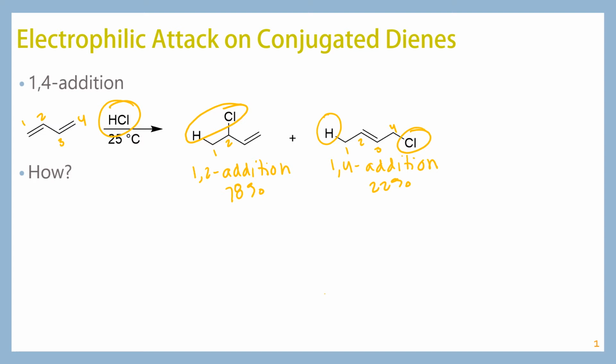In order for this reaction to occur, we actually have to go through a common intermediate. So we're going to look at the mechanism just like it was a normal Markovnikov addition. Let's take our alkene and protonate it, because that is our first step.